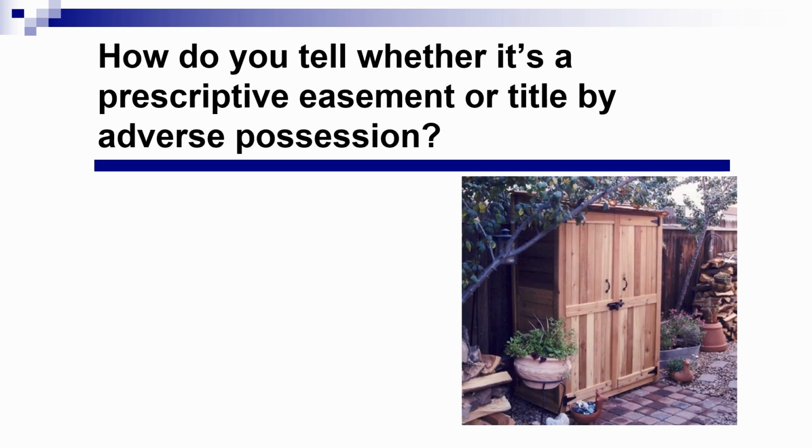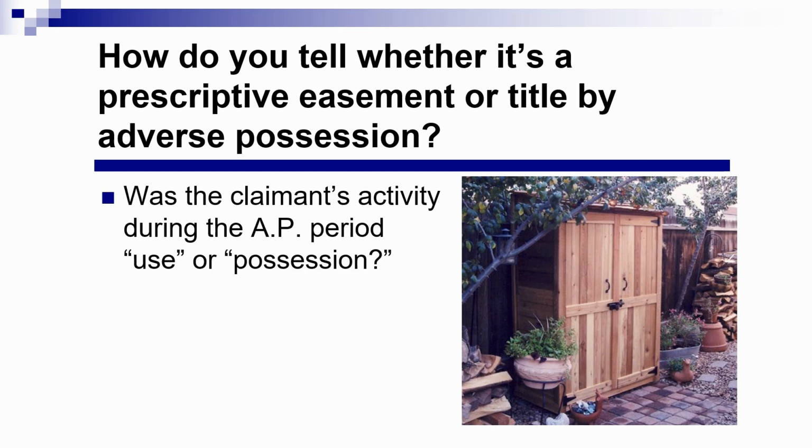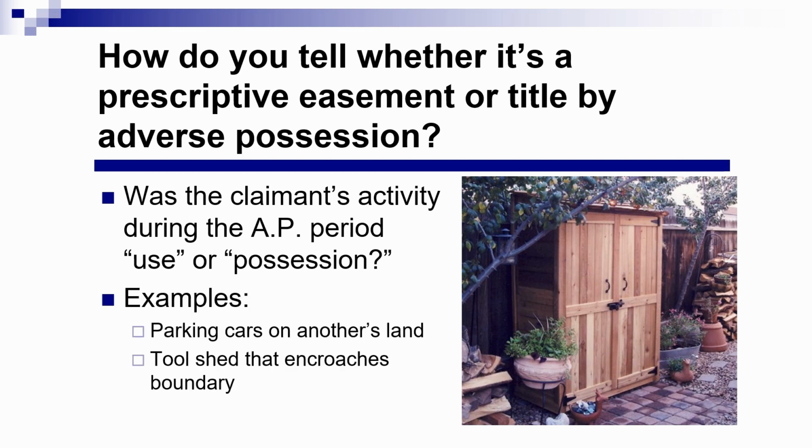One of the challenges with prescriptive easements is that sometimes it's difficult to tell the difference between them and adverse possession. What we basically have to ask ourselves is, was the claimant's activity during the adverse possession period merely use, or was it possession? Some ambiguous situations include parking your cars on another person's land, or building a tool shed that encroaches on someone else's boundary.